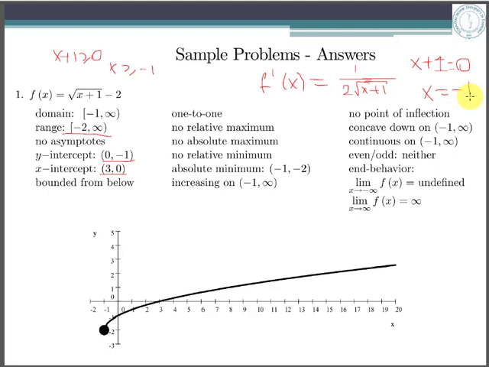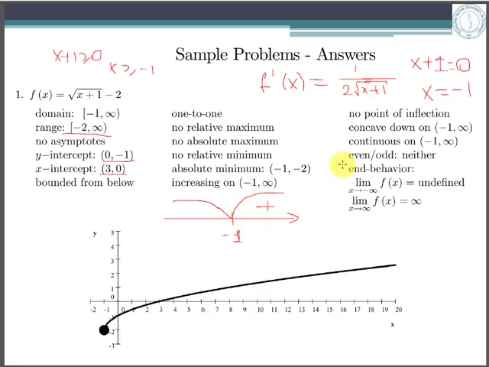Now, how to define the maximum and minimum? Let's consider the real line for the first derivative. This is minus 1, for example, this critical point. If we take, for example, 0, it will be 0 plus 1, that is 1.